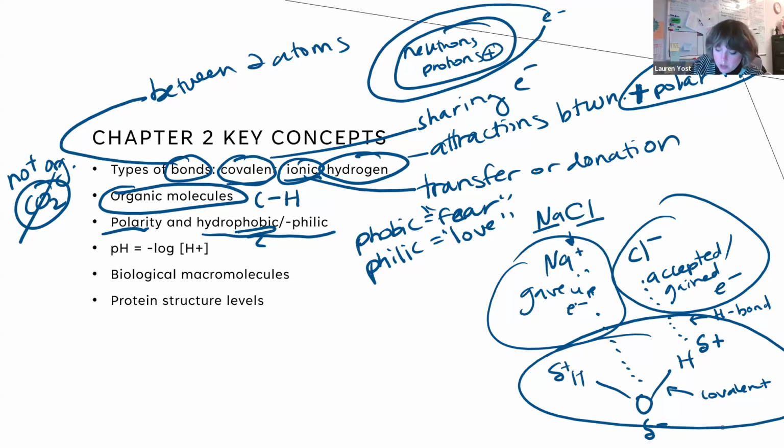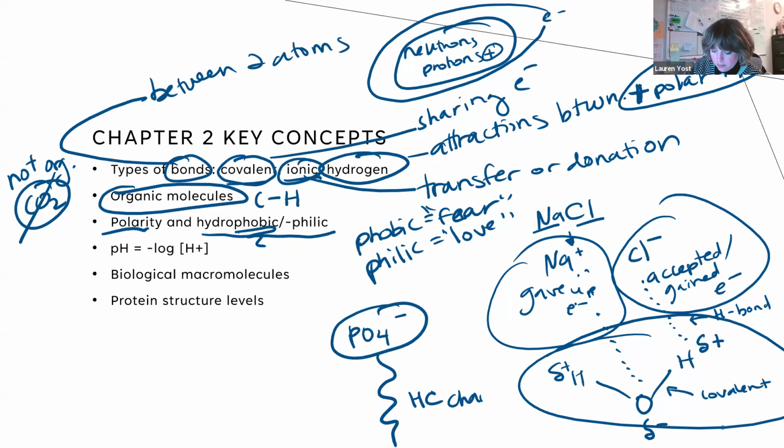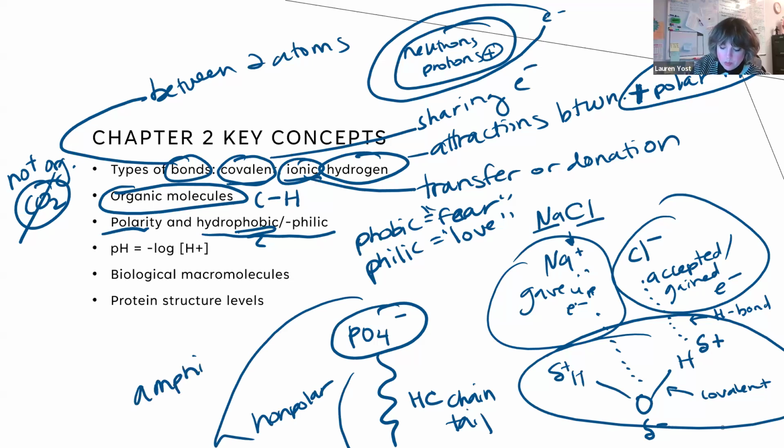So there are some molecules like a phospholipid, like you have PO4, which is negatively charged, and then a long hydrocarbon chain tail. The head, because it's actually charged, is hydrophilic, and the tail, being hydrocarbon, is nonpolar, which is hydrophobic. When you've got both hydrophilic and hydrophobic to something, the term for that is amphipathic. Amphi always means both.